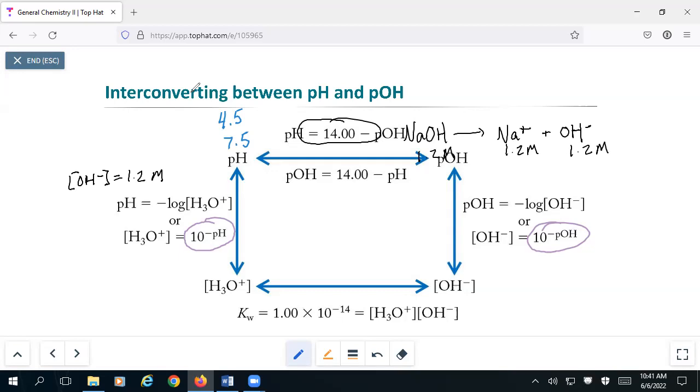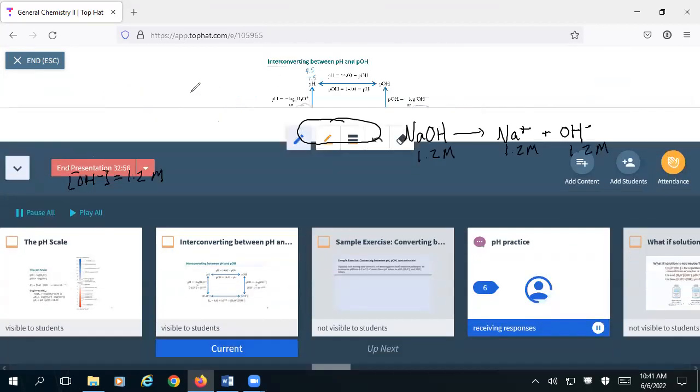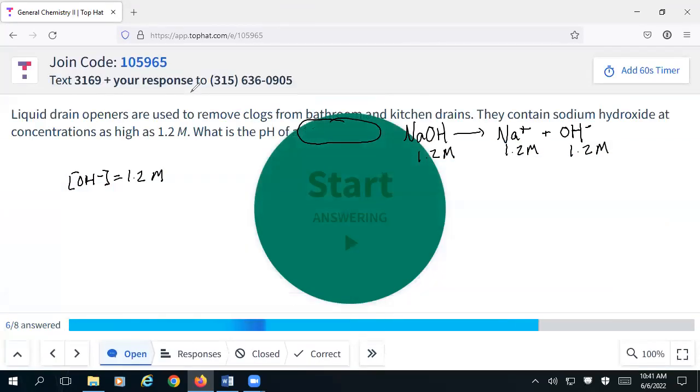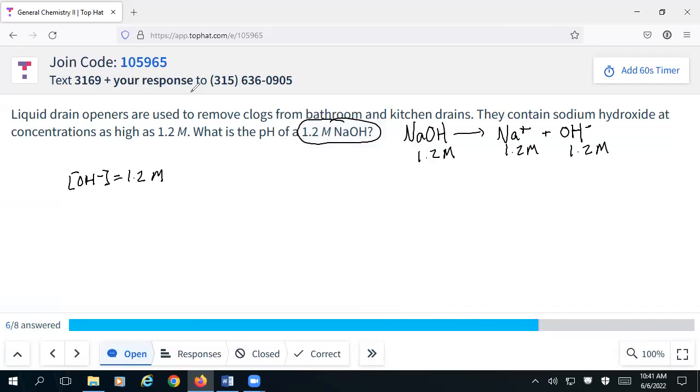Or we could turn the hydroxide into pOH, the pOH into pH. Now, just for completeness, I'll show us both of them. Based on what I just told you on the last one, the method I prefer would be turn the hydroxide into pOH, pOH into pH. But again, you could do either way technically.